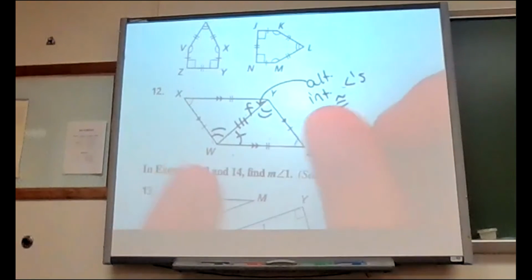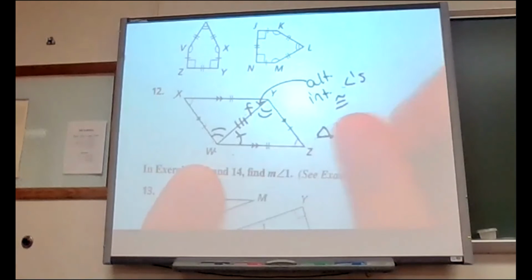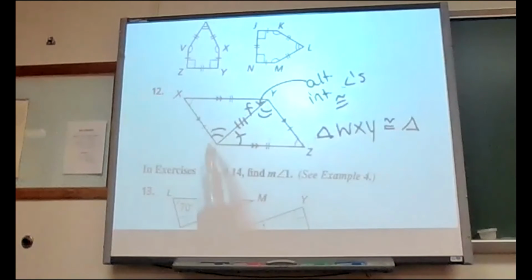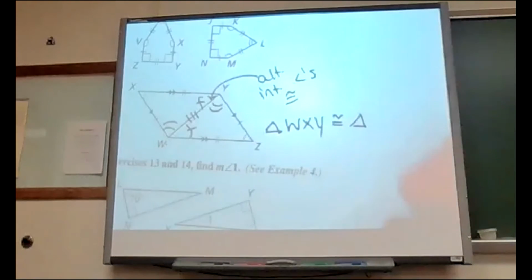And I could write a statement, so that means that triangle WXY is congruent to triangle... What does WX correspond with sidewise? WX would go to YZ. YZ. Yep, so it would be congruent to YZW.